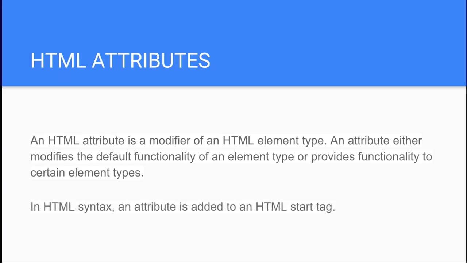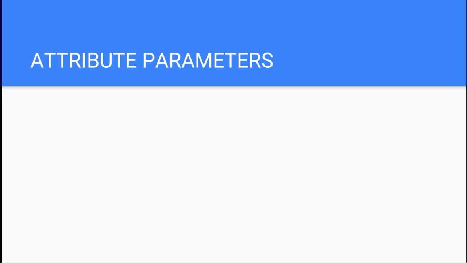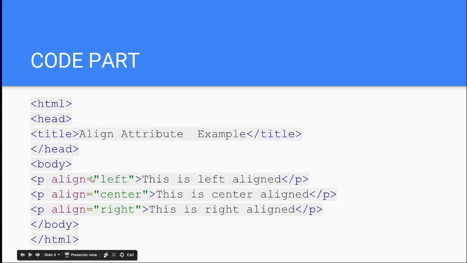Let us see. In HTML syntax, an attribute is added to the HTML starting tag. In this example, you can clearly see what an HTML attribute is. We are assigning the HTML attribute in the starting part of a tag.